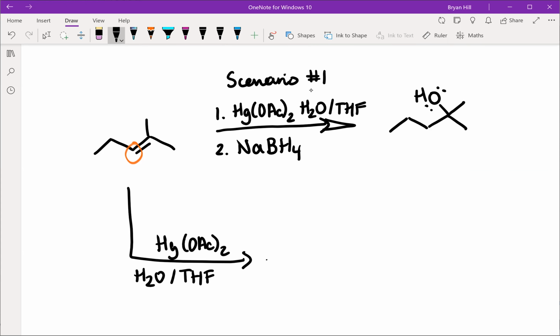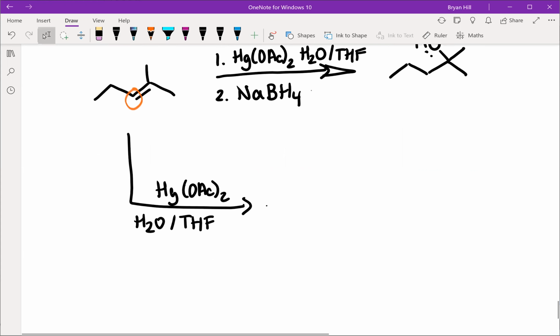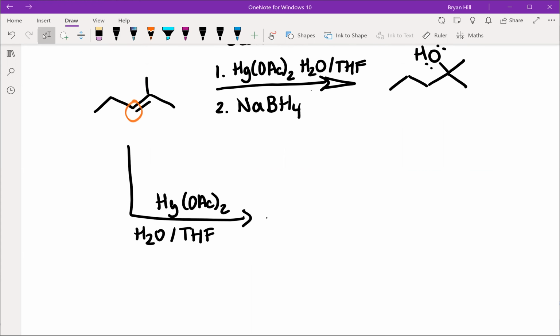What's far more interesting to do is to leave off the second step, because in that case, the product, if we're drawing this, actually, I should probably make that an ethyl group there. And you'll see why.